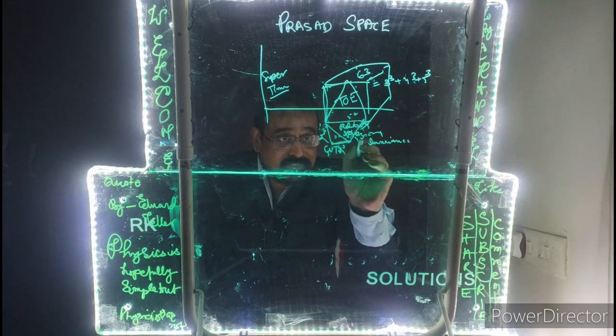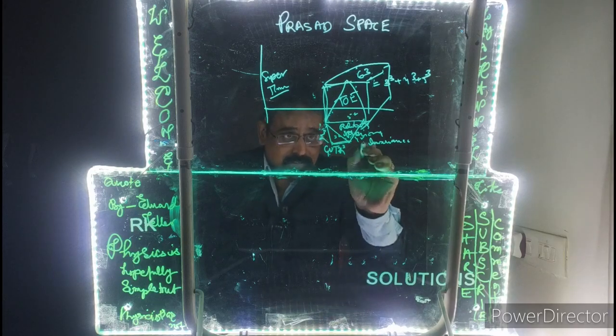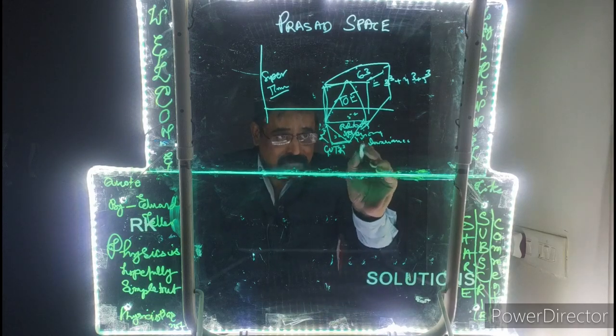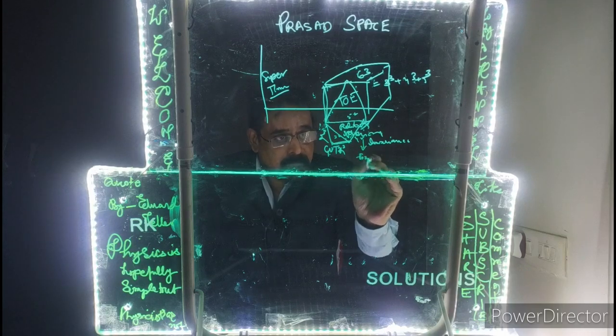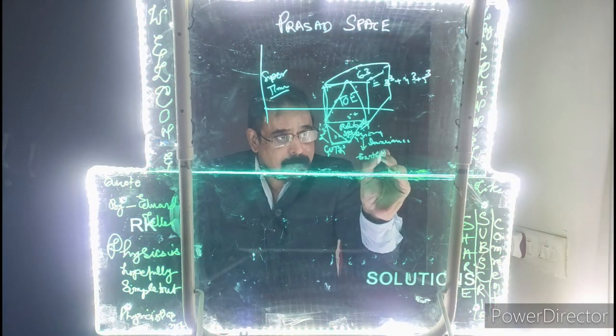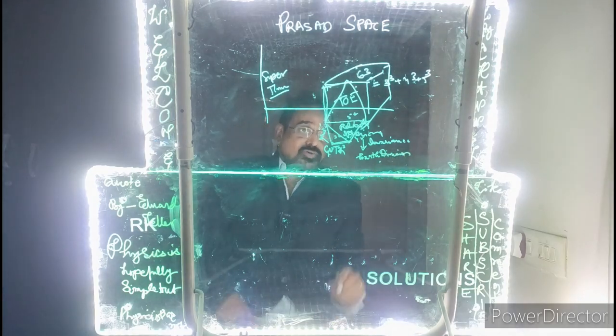So this 4 square is the third dimension or the fourth dimension, time. That was the fourth dimension they took as 4 by 4.